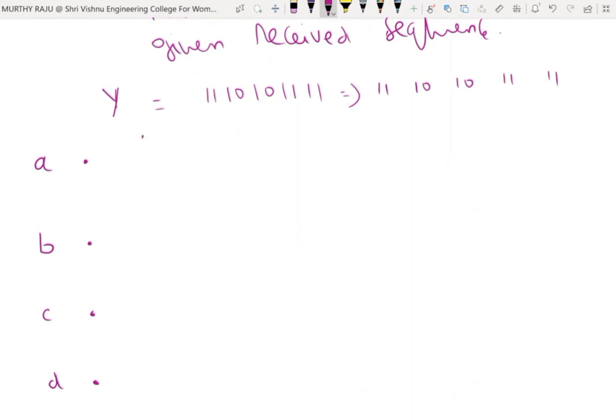Here 1 1, 1 0, 1 0, 1 1 1 1. These are the time steps.